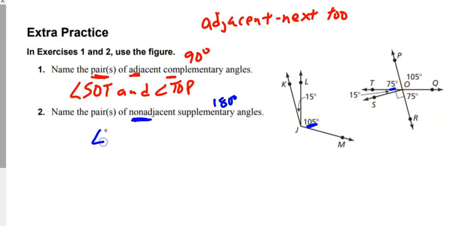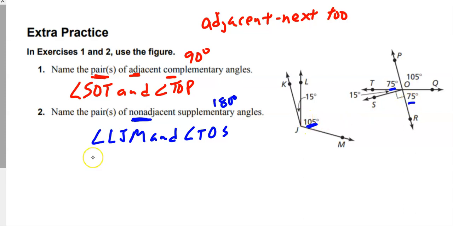So how about this 105 and this 75? That would be angle LJM and angle TOS. So 105 and 75. But we have another 75 angle, right over here. So 105 and this 75 would also be a pair.